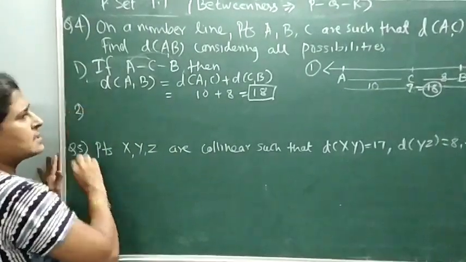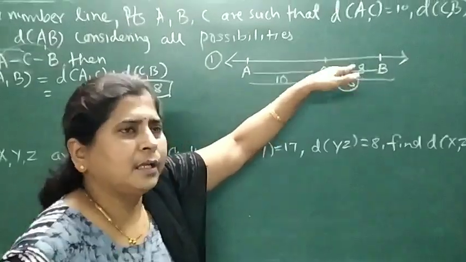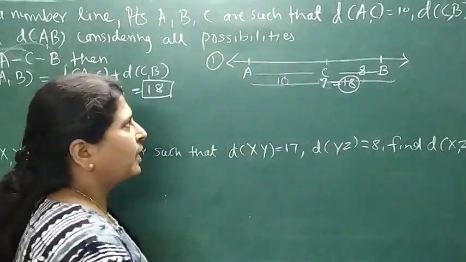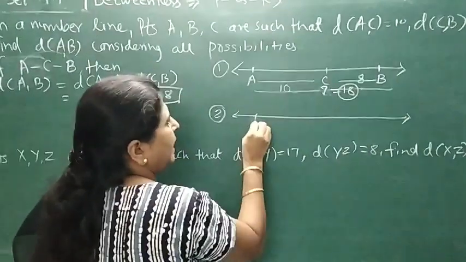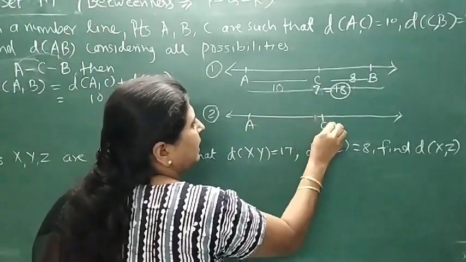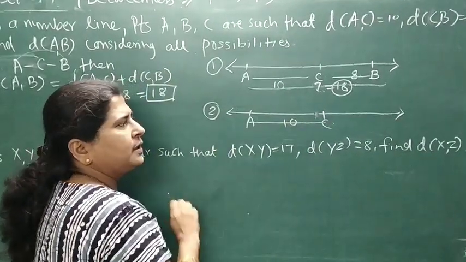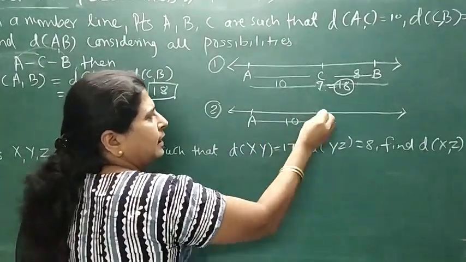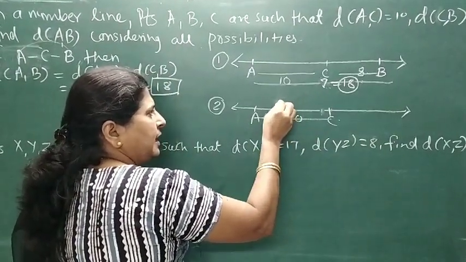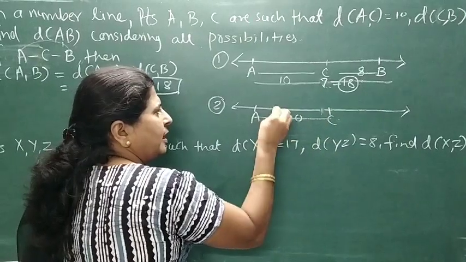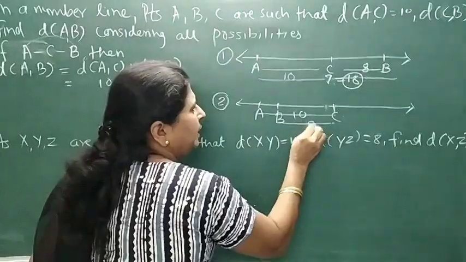What is the another case? It is not required that B should lie on the right side. It can lie on the left side also, see. Okay. So second situation, with the help of figure, if you want to understand, say AC is 10, this distance is 10, and B is lying on the left of the point C. Then instead of going to right, we can come here, and from here 8 distance, which is smaller than 10, somewhere here our B can lie, and this distance can be 8.